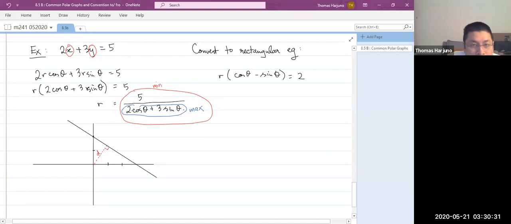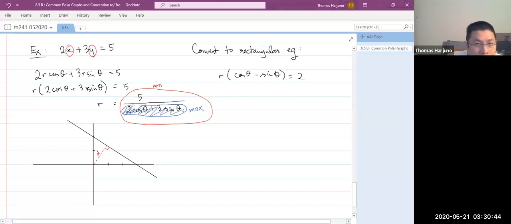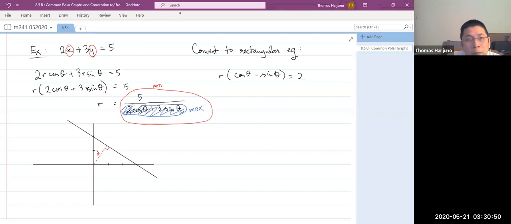Because if you divide by a larger number, the quotient will be smaller. Does it make sense? The larger the denominator, the smaller the quotient.